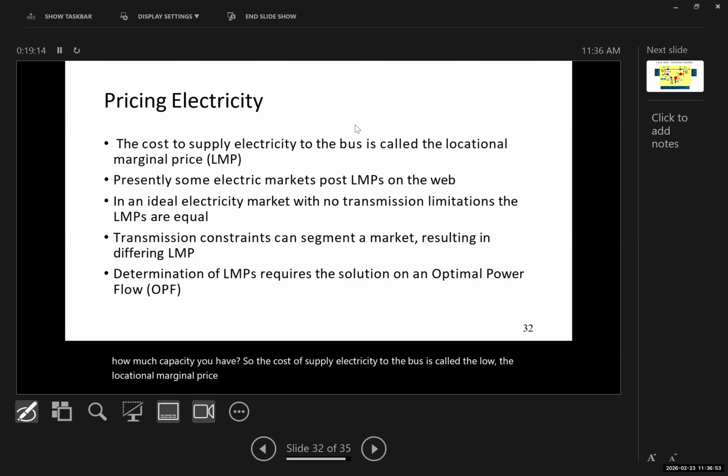Presently, some electric markets post LMPs on their website. In an ideal electricity market with no transmission limitations, the LMPs are equal. Transmission constraints can segment a market, resulting in differing LMPs. Determination of LMP requires the solution of an optimal power flow.